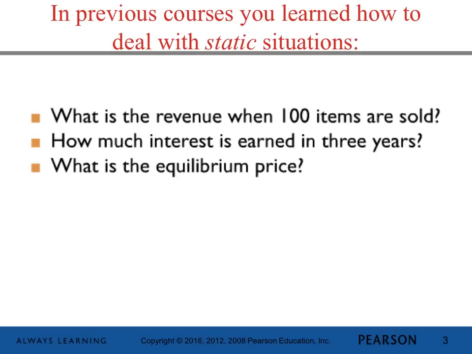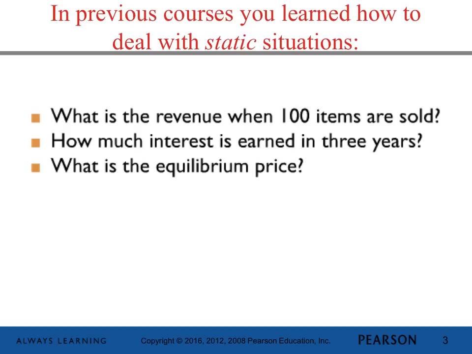Now, in our previous courses, you learned about things in algebra that dealt with what's called a static situation, a situation at a single point in time, a single value of x. For example, some of the questions that we've considered in the past is, what was the revenue for an item when 100 items were sold?